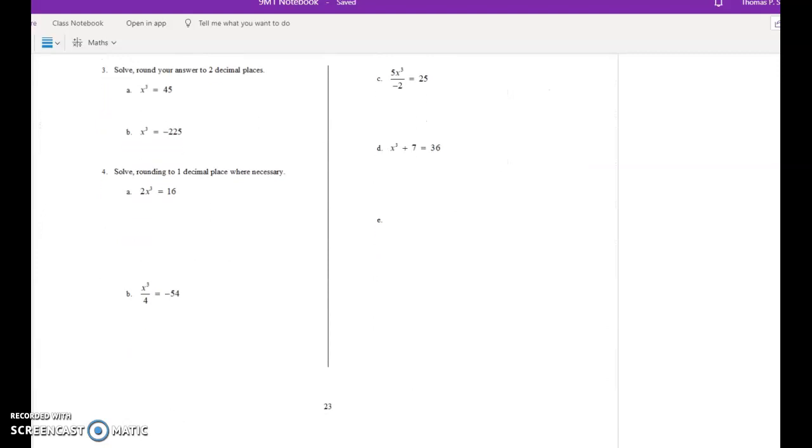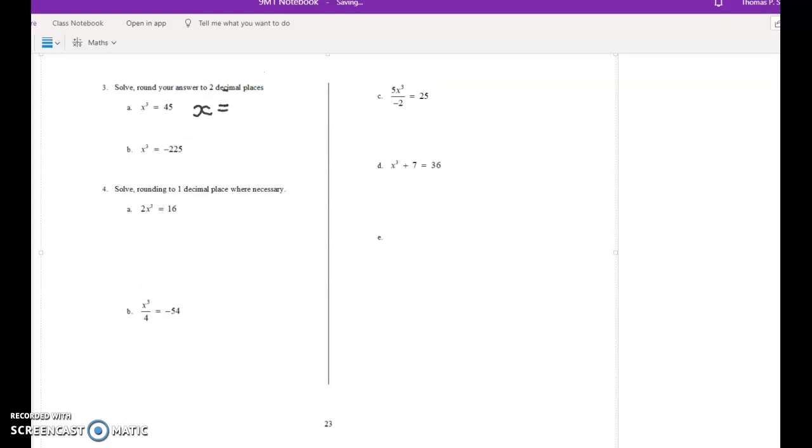Okay, another scenario could be having to leave it to a couple of decimal places. So if we find the cube root of 45, we get 3.556. So the answer to this equation here would be x equals the cube root of 45, which equals 3.556, and it continues.